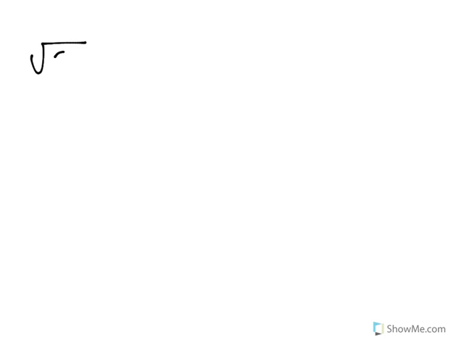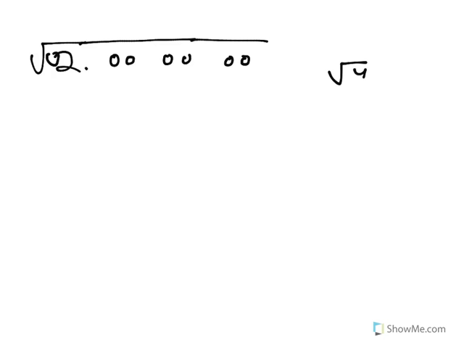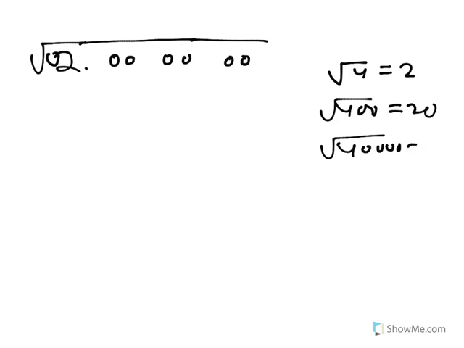Now, to find something like the square root of 2, which is an irrational number, the method is put a 0 before it, put a decimal point, and put a couple of groups of zeros. Just to remind you, the square root of 4 is 2, the square root of 400 is 20, and the square root of 40,000 is 200.